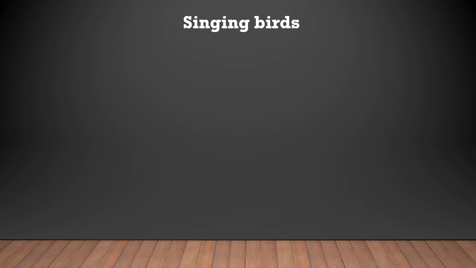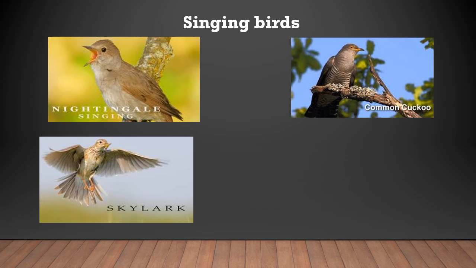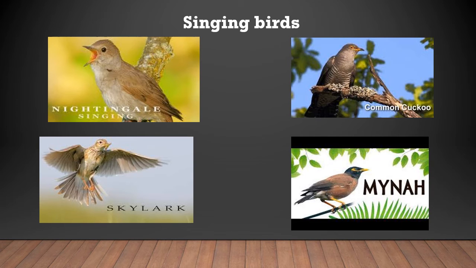Now there are birds that are singing birds. Birds like nightingales, cuckoos, skylark and mynas make sweet sound. They are called the singing birds. The nightingale, the common cuckoo, the skylark and myna. These four are the singing birds. Parrots and parakeets are special because they copy human sound and talk like us.